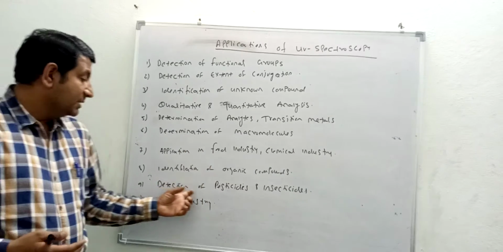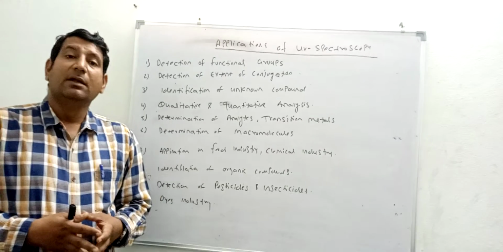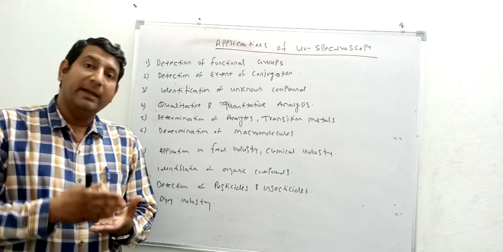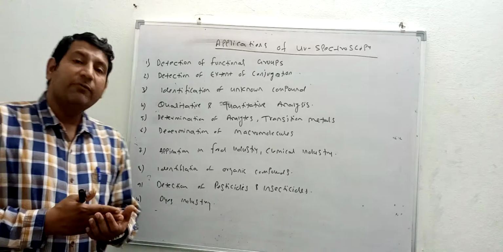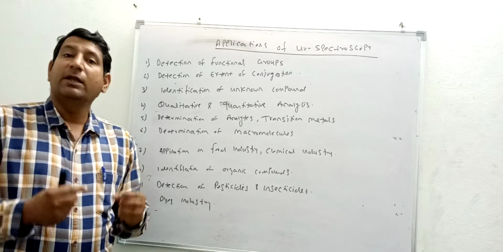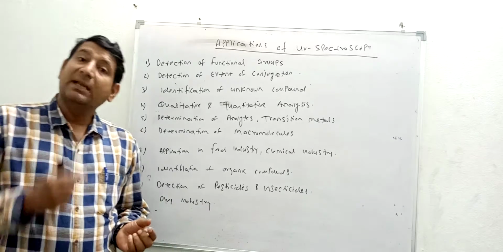Another application is detection of pesticides and insecticides. In the field of agriculture, the amount of pesticides or insecticides has to be determined, and it can be done with the help of UV visible spectroscopy, because even minute quantities of insecticides or pesticides present in the sample can be detected.